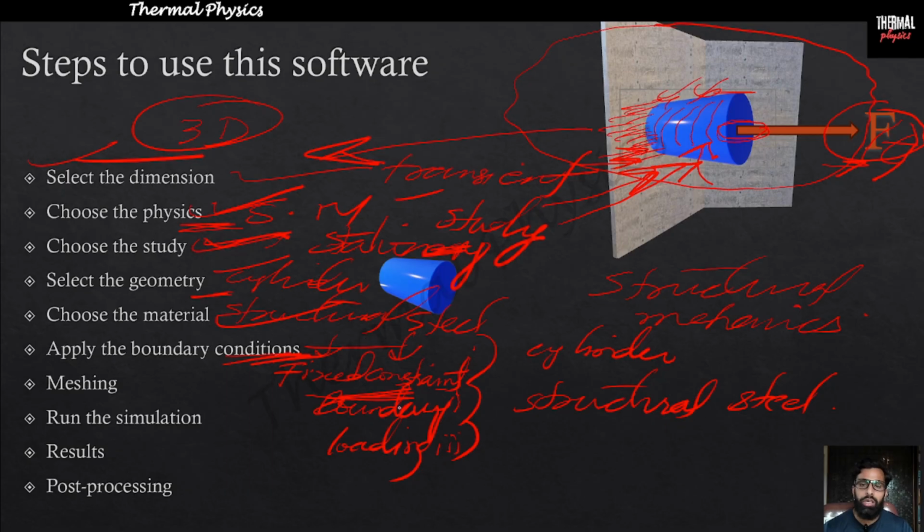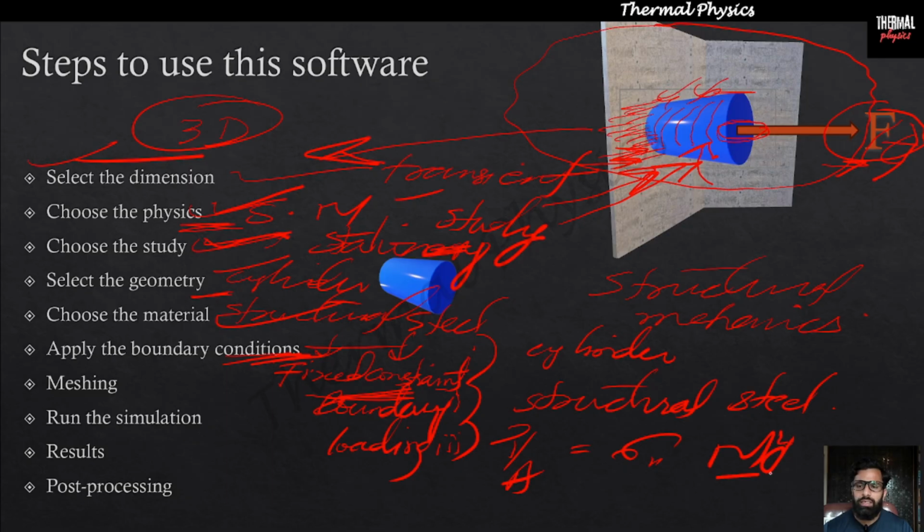It will use the loading, it will use the area, it will divide the load by the area, and it will calculate the normal stress and all that. It will calculate the bending moment, then use the distance from the neutral axis, divide by the moment of inertia, which has its own formula, and it will solve for us.